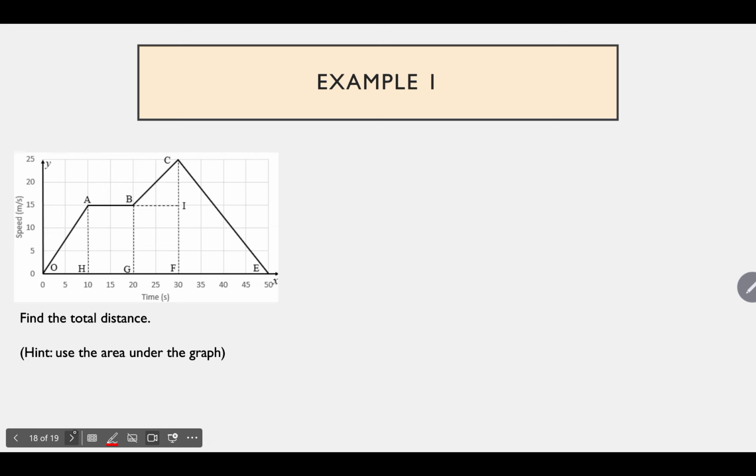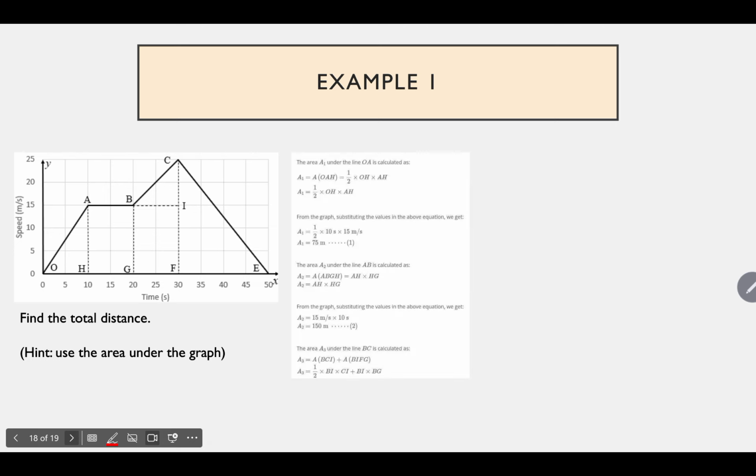So for the first area, they found the area of the triangle AOH, and this is a triangle, so half times base times height, so half times 10 times 15, which is 75 meters.